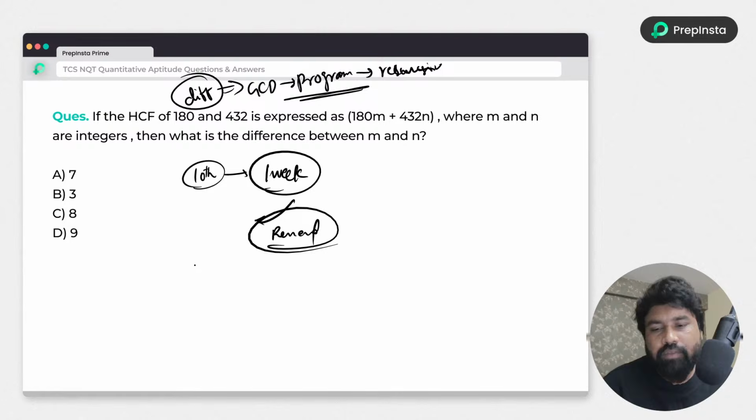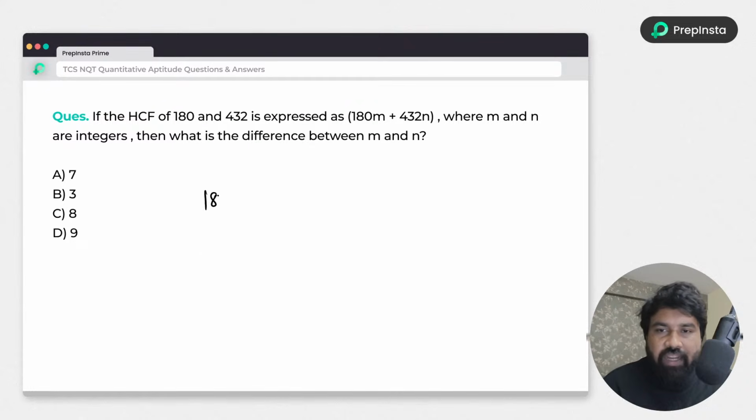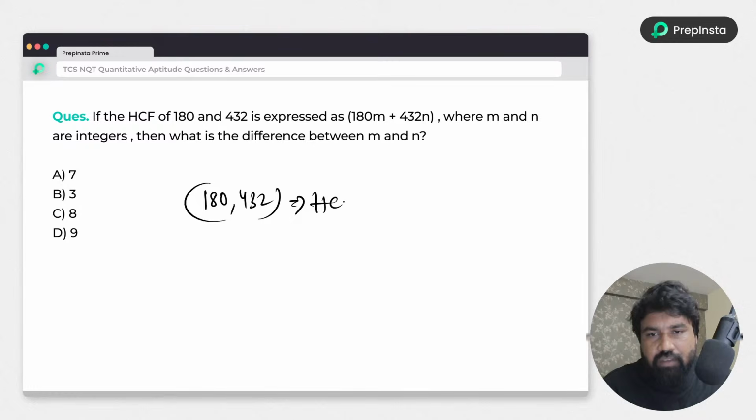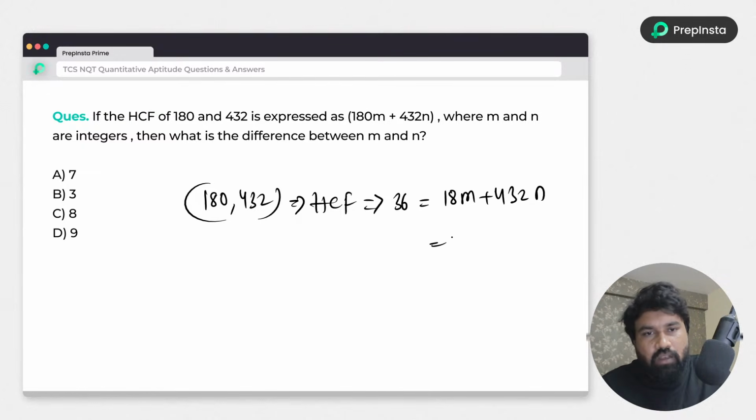Okay, that's it. So 180 and 432, HCF is equal to 36, and it is expressed as 180m plus 432n. So 36 will cancel how many times? Take 36 common.